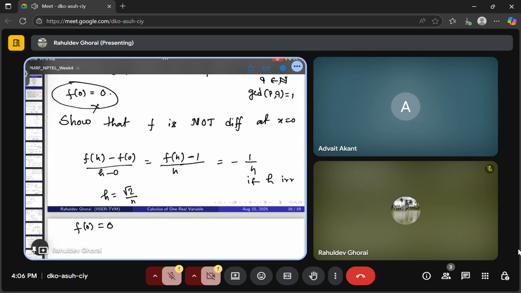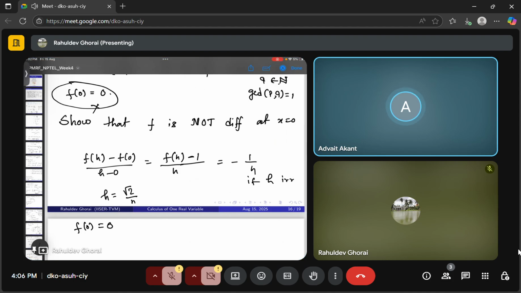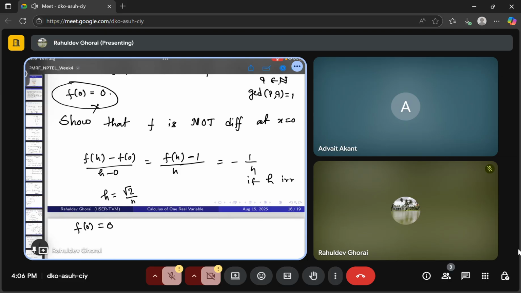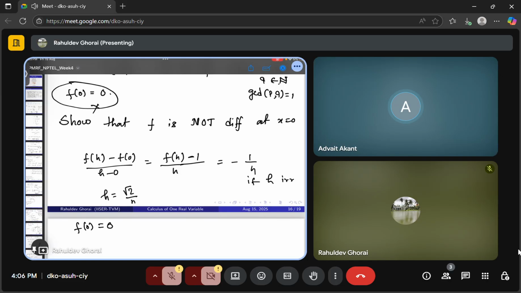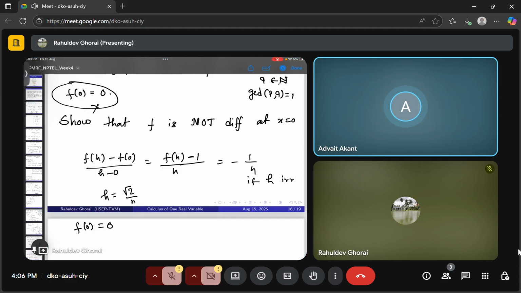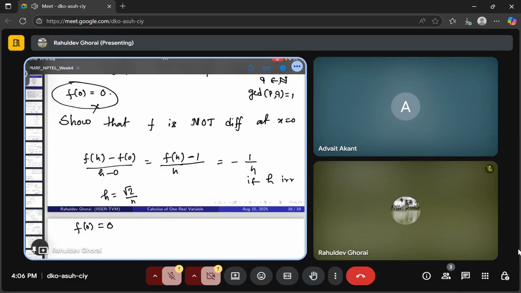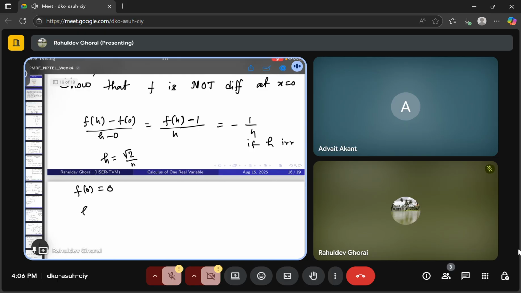But if h is rational, let's say h is p over q, where gcd of p and q is 1 and q is a natural number.